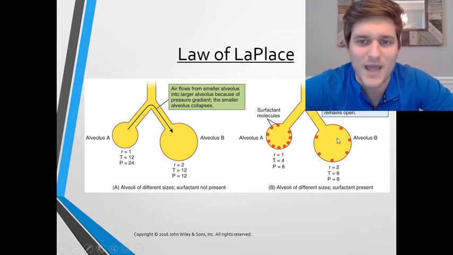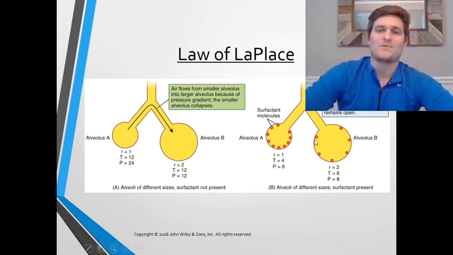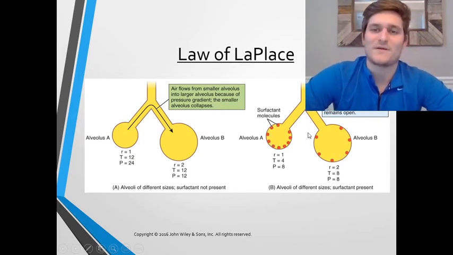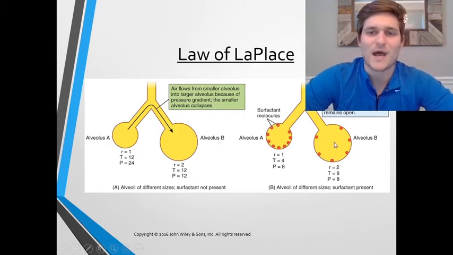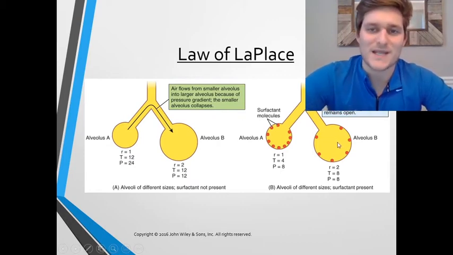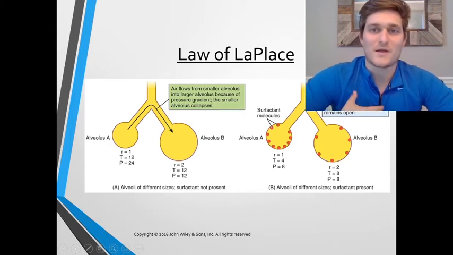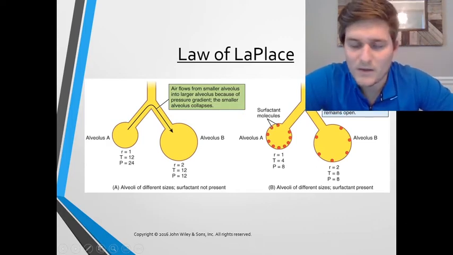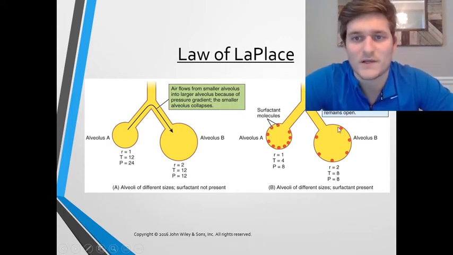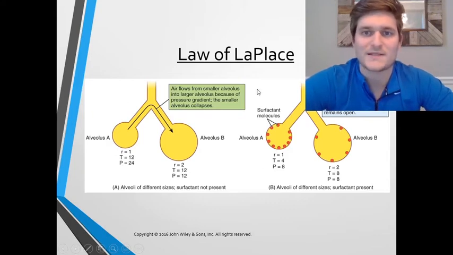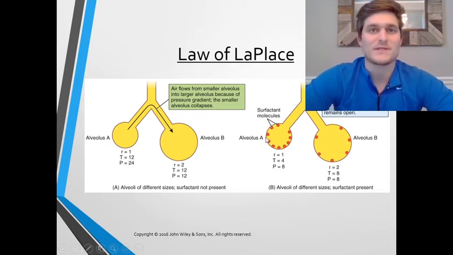And then by doing that, we have a more optimal environment where the pressures of these 2 different size alveoli are now more the same. And so when the lungs fill up with air, it will be distributed all across these alveoli and prevent collapsing in certain areas of the lung.